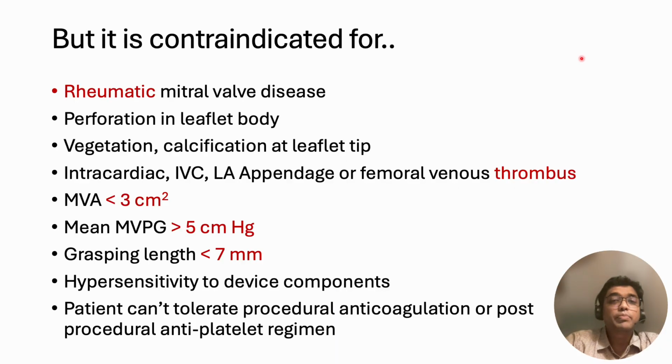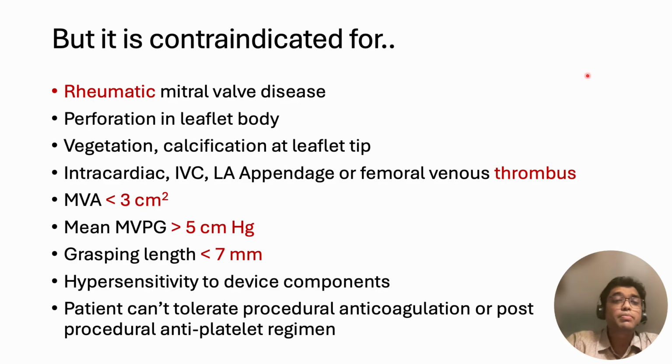While selecting the patients for the mitral valve TEER, it is important to know what the contraindications are, because these are the points that you have to keep in mind while selecting the patient for MTEER. First, the patient should not have any rheumatic mitral valve disease or any perforation in the leaflet body, vegetations or calcification in the leaflet tip. There should not be any thrombus in the LA appendage, IVC or femoral vein.